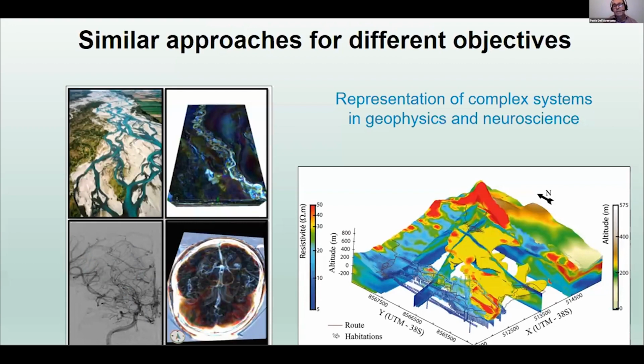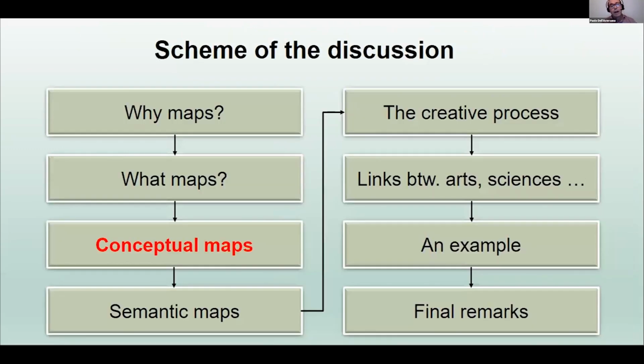Basically, we want to represent complex systems, so geological systems, as well as biological systems, using maps or 2D or 3D representations of some important, relevant parameter. But these are probably just the most simple types of maps. We can move to a different type of maps, conceptual maps.